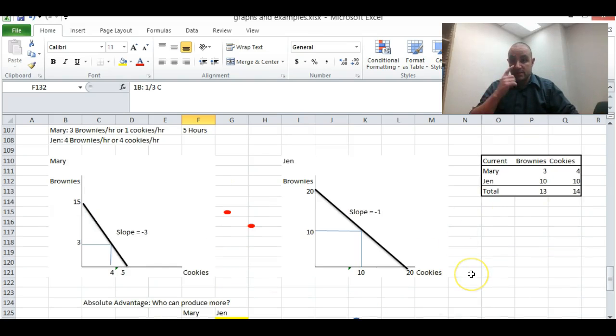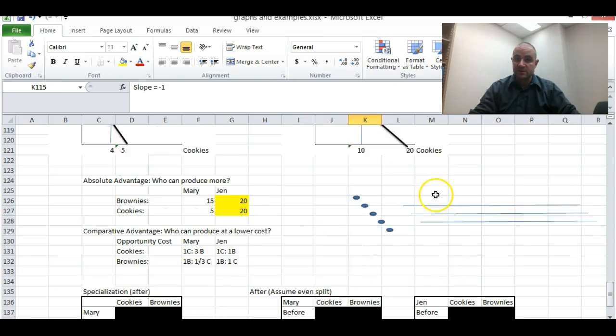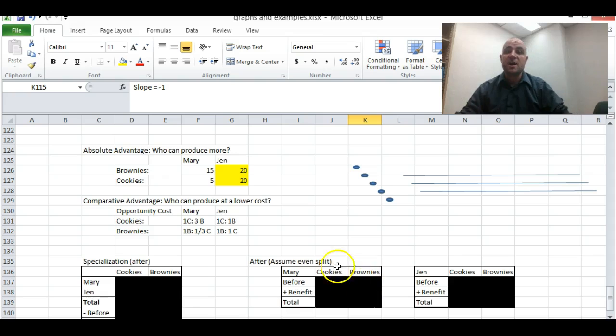For Jen, the opportunity cost of 1 cookie is 1 brownie, and vice versa. If we look at cost, we find that Jen has the comparative advantage in making cookies because she only gives up 1 brownie versus 3 for Mary. But for brownies, Mary only has to give up 1/3 of a cookie while Jen has to give up a full one. So we have Mary with a comparative advantage there.